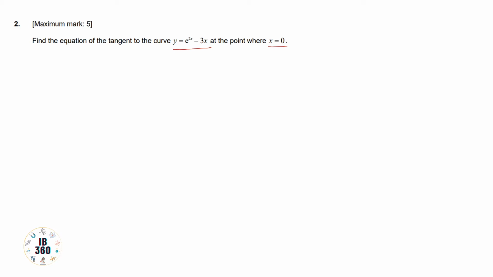The equation of the tangent will be one straight line, so the equation will be y equals mx plus c, where m is the gradient, that is basically y dash, or d/dx of y. By using this we can find the gradient. So first we will find the gradient.